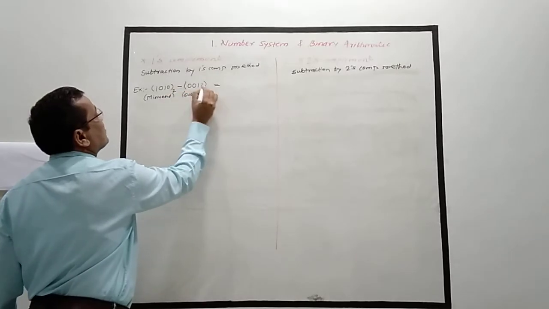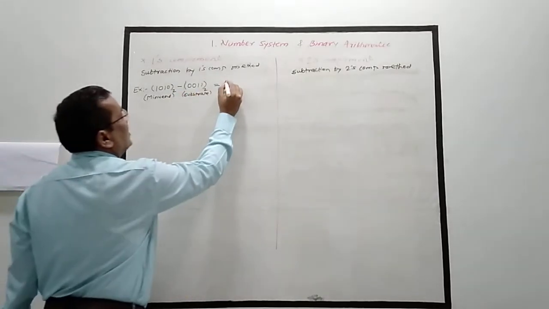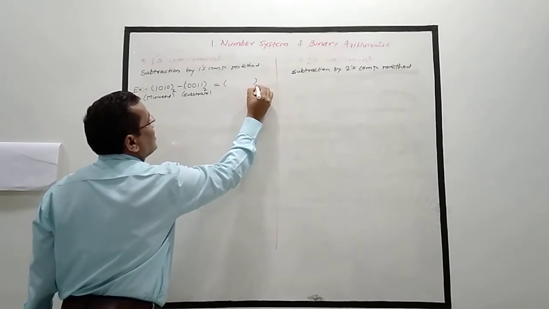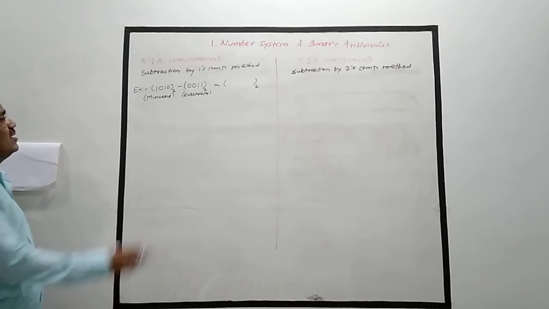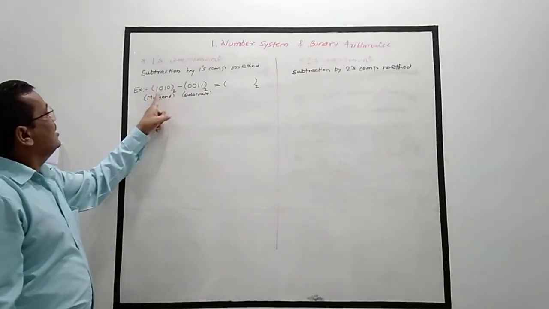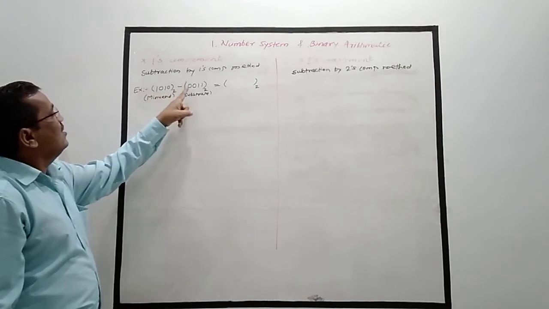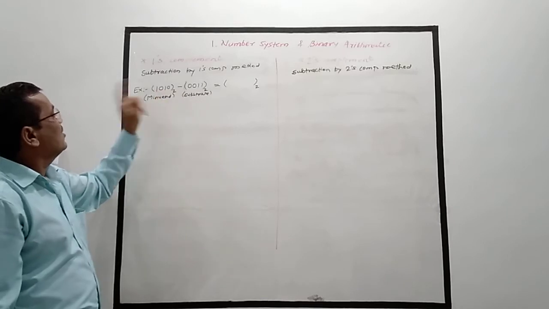Here it is binary subtraction, as the base is 2, and the result is also in the form of a binary number.